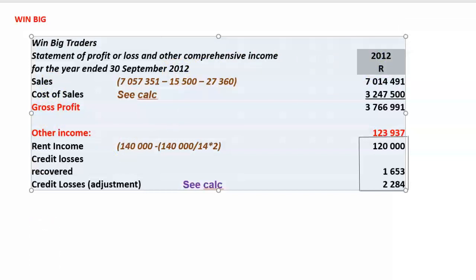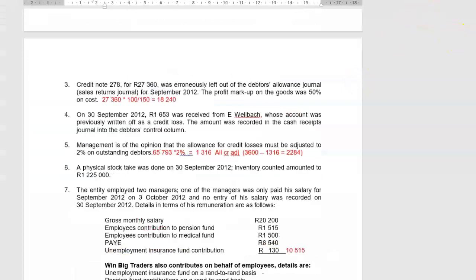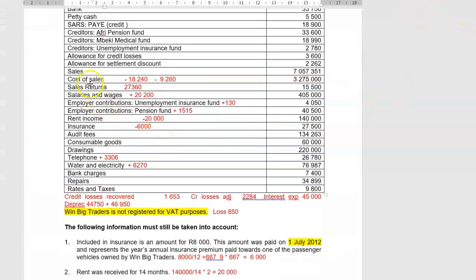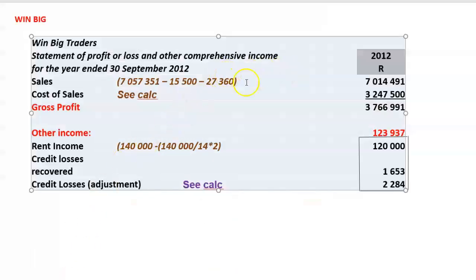Sales, if I go back to the income statement, would have been my total sales of 705,7351, less my sales returns of 15,500, less the adjustment entry of 27,360.